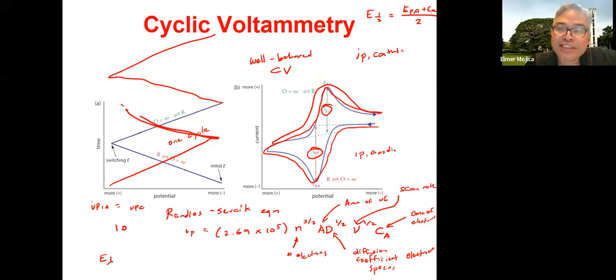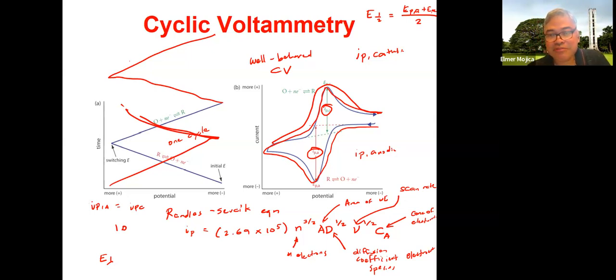Now, what makes it a good tool for characterizing the redox potential of your electroactive species is it allows you to explore in both directions, if you contain one or two or several electroactive species.